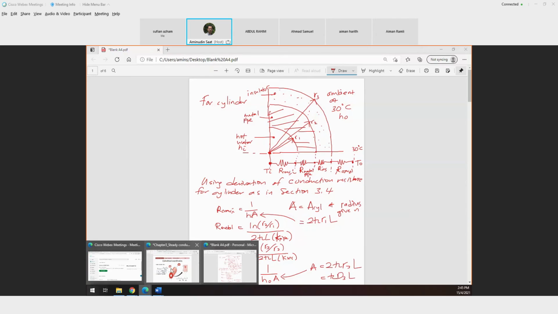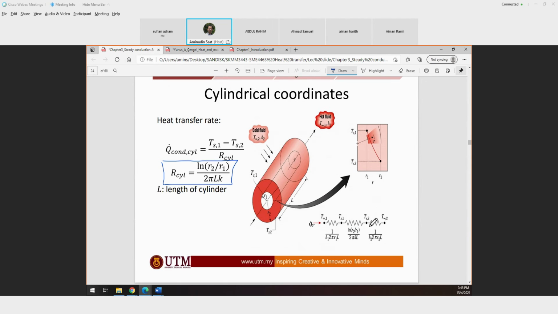So back to the lecture slide. You can see here, that's why in the calculation of resistance due to the convection, you have this one, 2 pi R1 L. Basically this one represents the area of the cylinder at the given radius. This one for the R1, this one for the R2.